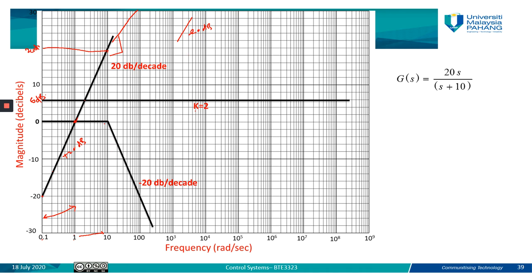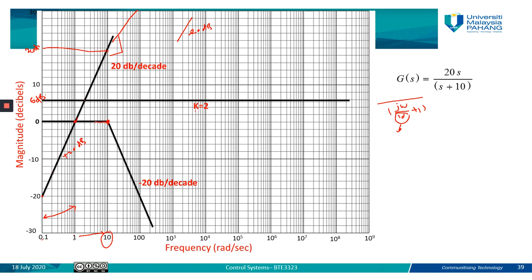The third line here, we said we consider the value of the pole, which is 10. We said j omega over 10 plus 1. This will be the denominator of our transfer function. So the pole will be placed at the point of 10. As you can see here, this is the point 10.